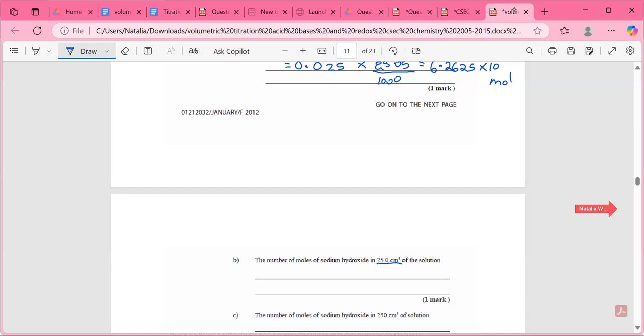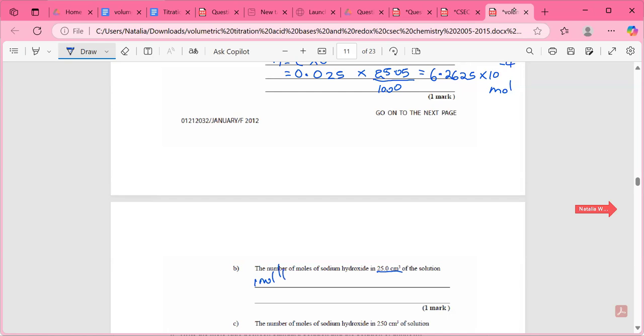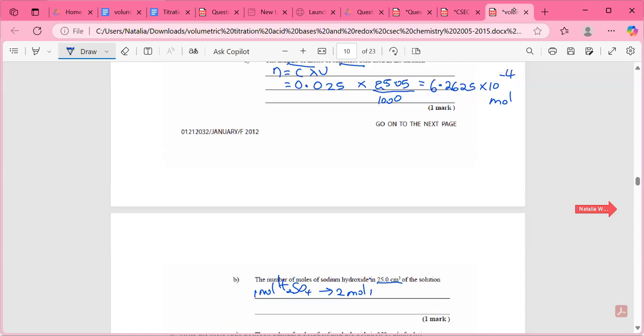From the equation, my known is 1 mole of H2SO4 reacts with 2 moles of NaOH. Therefore, 6.2625 times 10 to the negative 4 mole of H2SO4 will react with X.